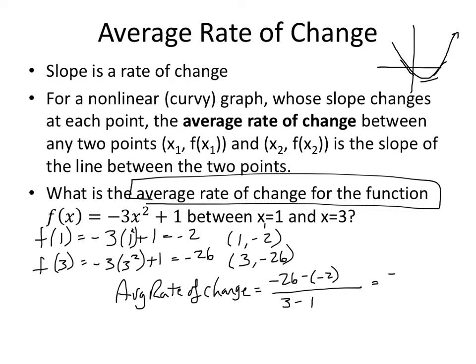So this is -24 over 2, which is -12. So over that interval, the average rate of change is -12. So for each increase of 1 unit, we go down 12 units on average.